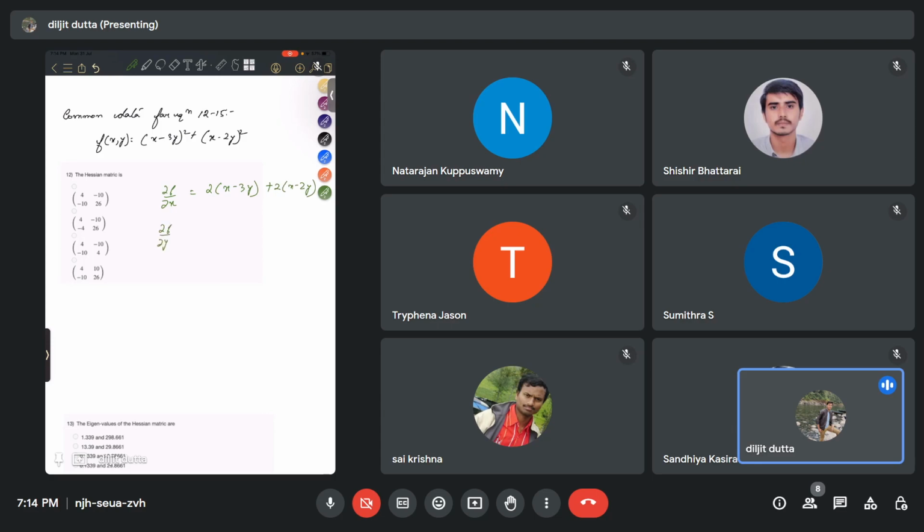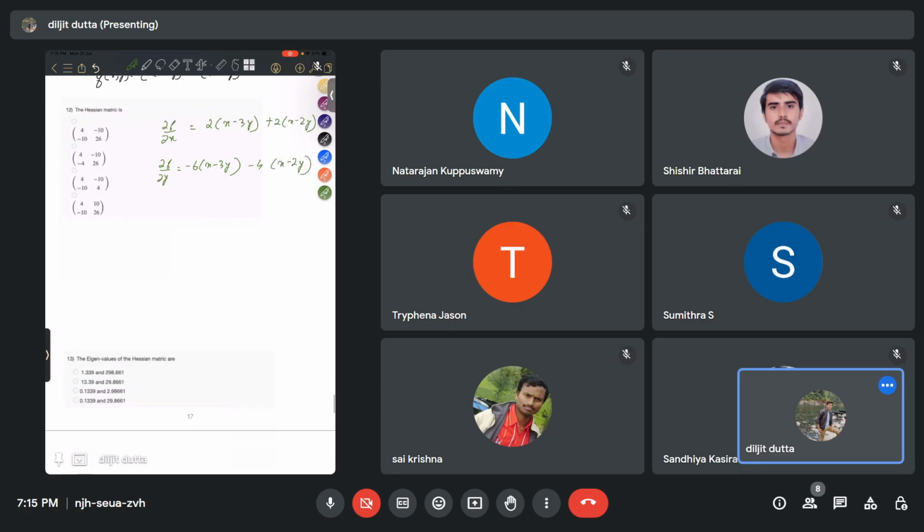Del f by del y is equal to 2 (x minus 3y) into minus 6, plus minus 4 into (x minus 2y).